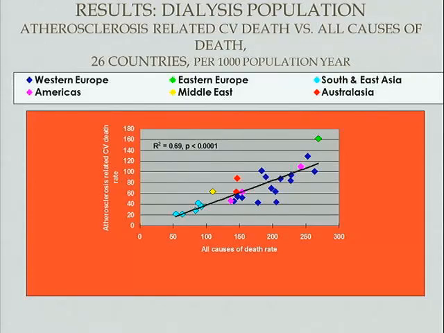And when you see what's behind the dialysis mortality, there's a relationship between atherosclerosis-related deaths and all causes of death. When you look at 26 countries over the world, the patients who have the lowest death rate have also the lowest amount of atherosclerosis.